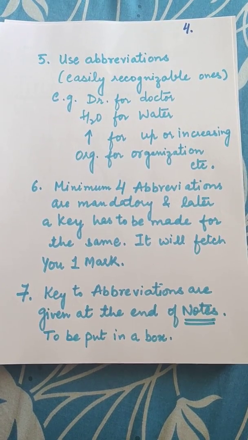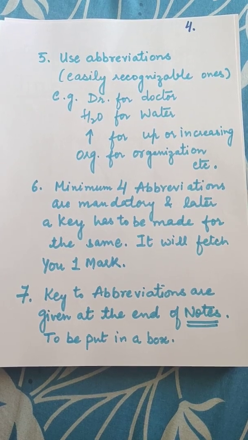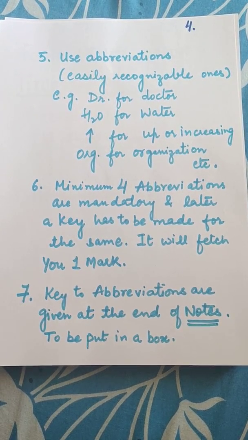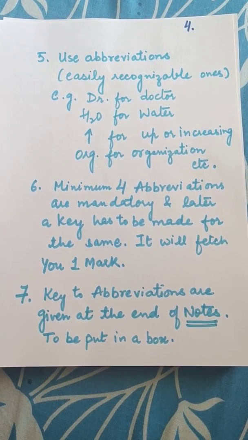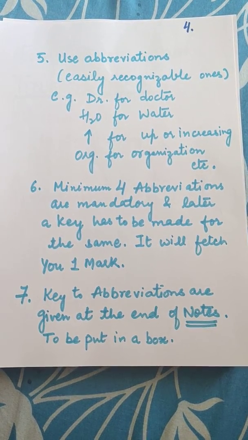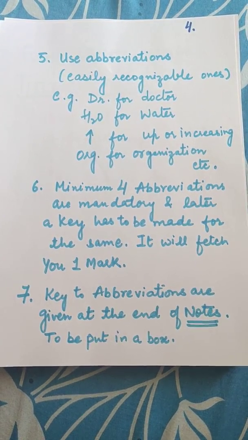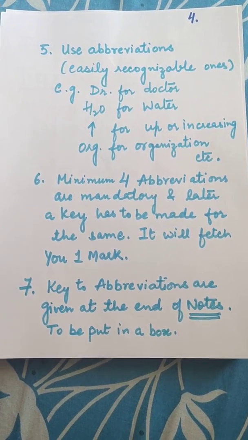Children, you need to make a minimum of 4 abbreviations. They are mandatory, and later a key has to be made for the same. It will fetch you 1 mark. The key to abbreviations is given at the end of the notes. They are to be put in a box, which I am going to show you in the format of note making.